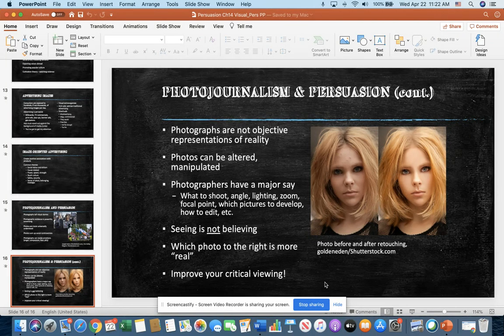So before we even see the picture, there have been 25 questions and decisions made about how that photo is going to come out.